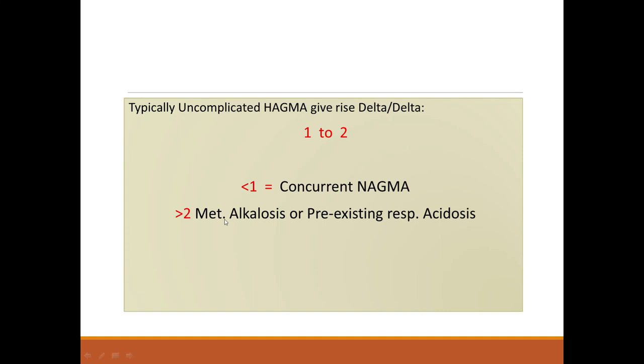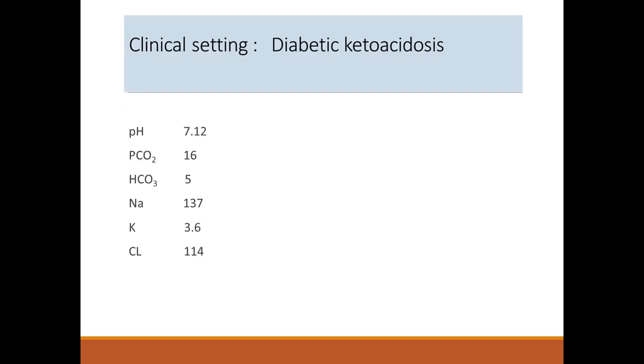There are two possibilities when we encounter a delta delta more than 2. In case the delta delta is less than 1, typically there's a concurrent normal anion gap metabolic acidosis. Now we are going to the scenarios, then we'll learn more.